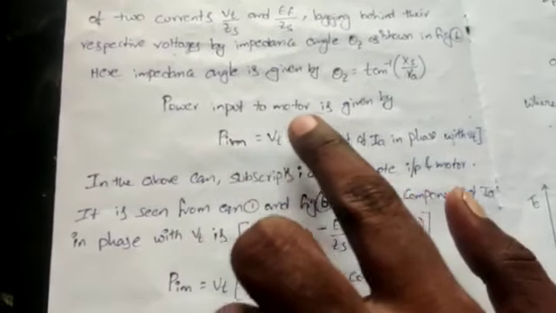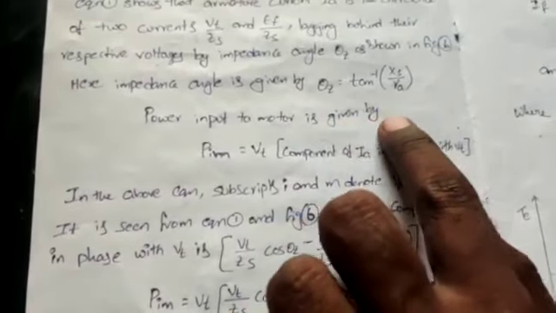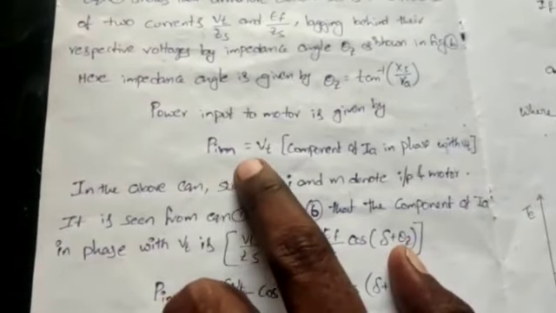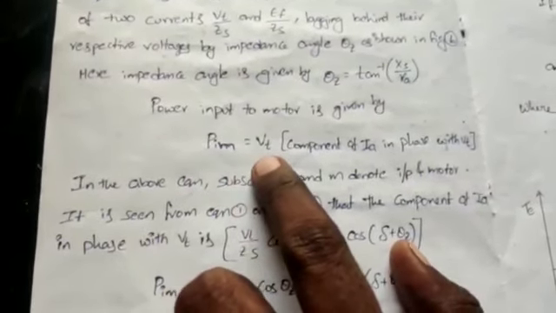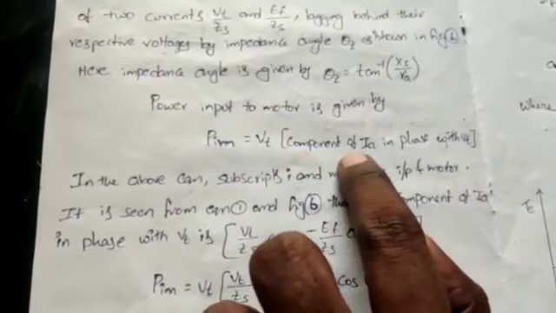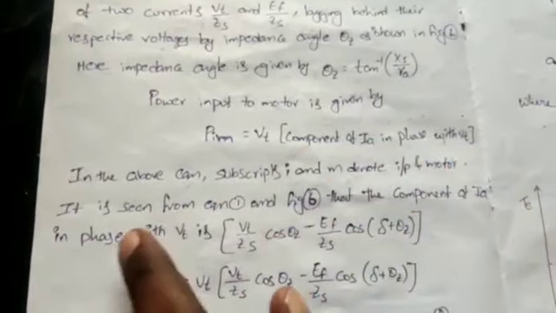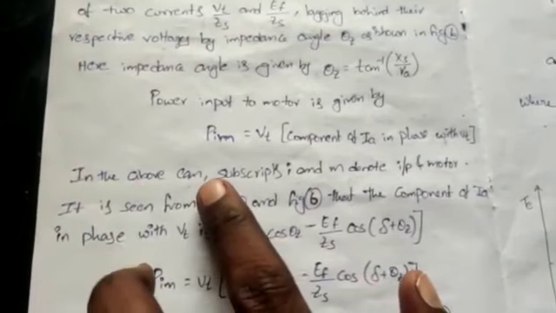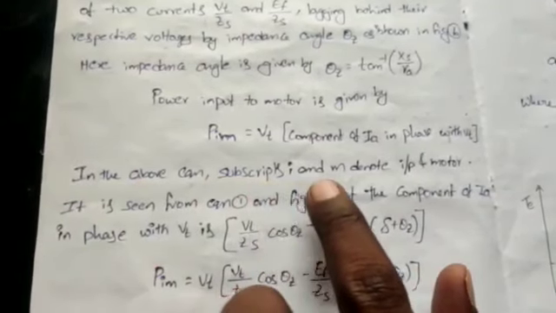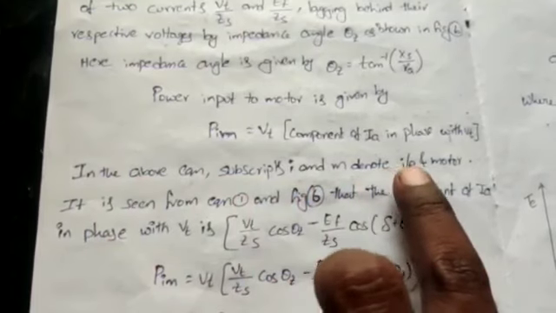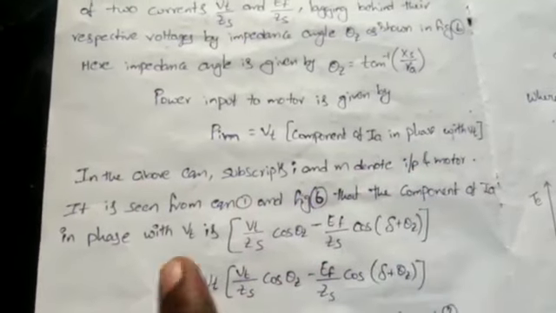Power input to the motor is given by PIM is equal to Vt into the component of Ia in phase with Vt. In the above equation, subscripts I and M denote input and motor.